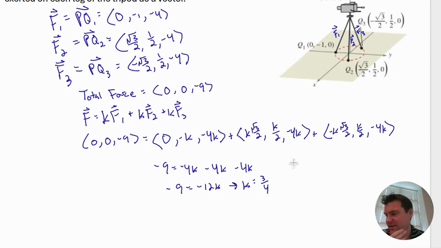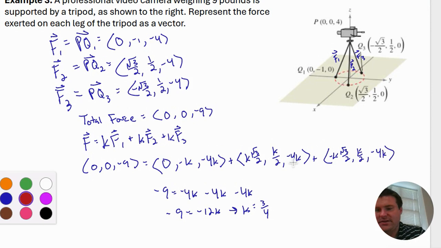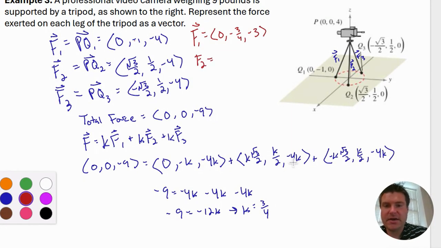So once I know what the k value is, I can rewrite every force now. So actually I'm going to do that up here in red. So now we know that F1 is equal to 0, negative 3 fourths, and negative 3. Just multiplying each of these by 3/4.